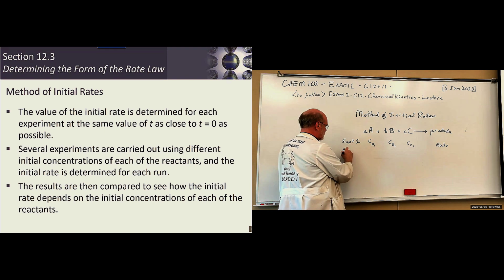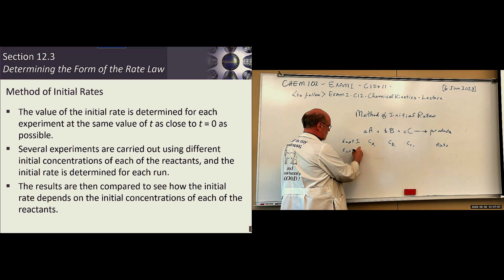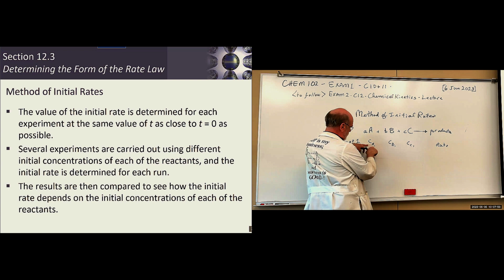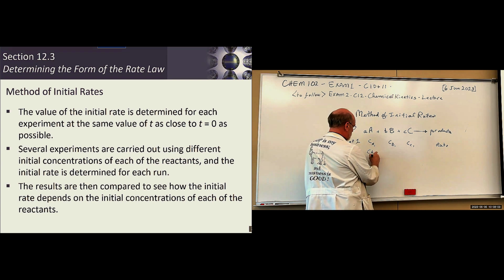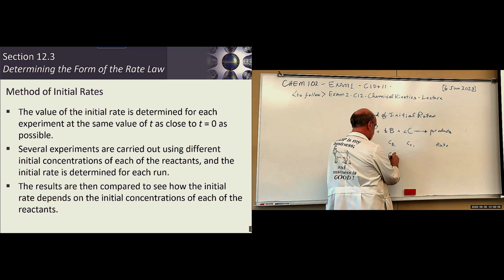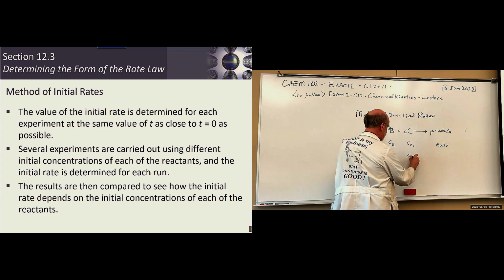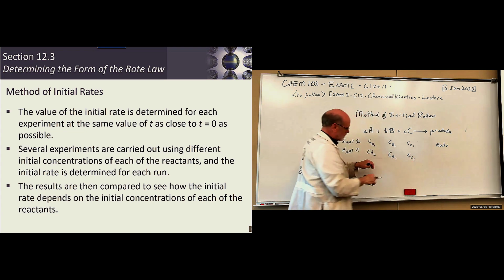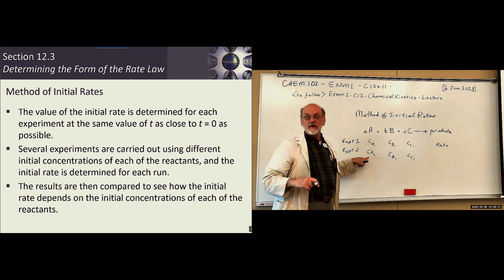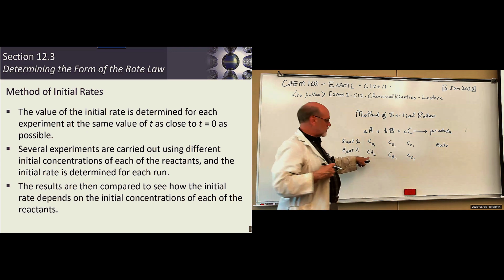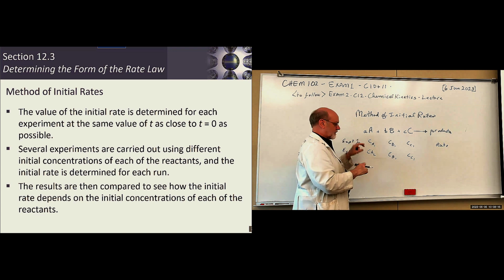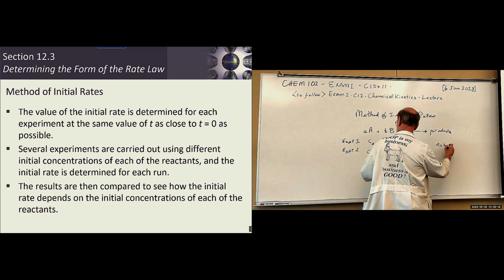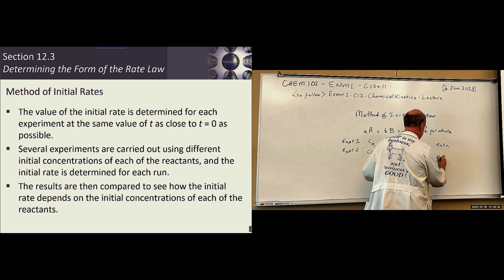Then you set up another experiment where this concentration would be changed. But this concentration would be exactly the same, and this one would be exactly the same. Okay. So you're holding these two constant, let this one vary. And you can use these two. This would be rate 1, this would be rate 2.